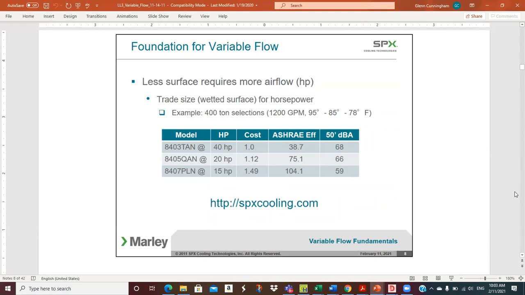So, for example, let's say we've got a 400-ton chiller, and when you run their software, it'll come up with a whole bunch of different suggested cooling towers, each of which, at least the software thinks, would be acceptable. You can see the top one, the 8403 TAN, has a 40 horsepower motor, and the cost number is 1.0. So that's like the cheapest one that they think is acceptable.